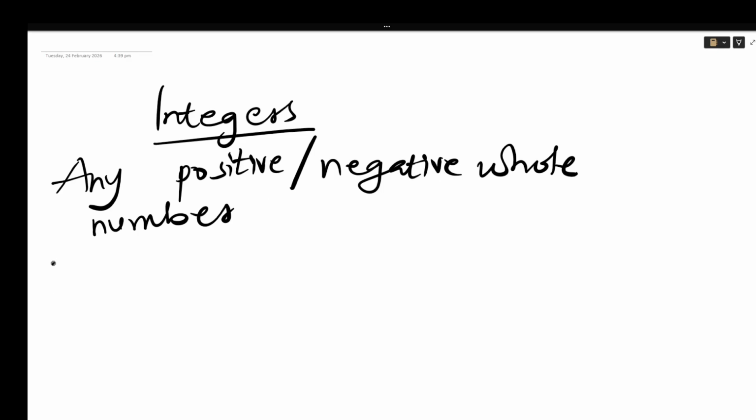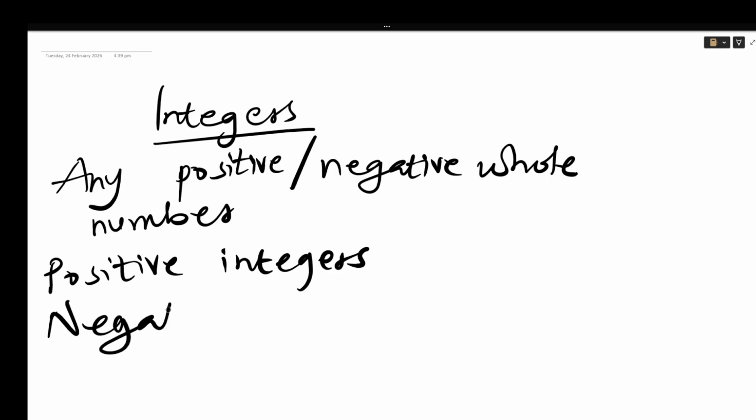That means we can have positive integers as well as negative integers. If you say positive integers, that means they should be whole numbers.